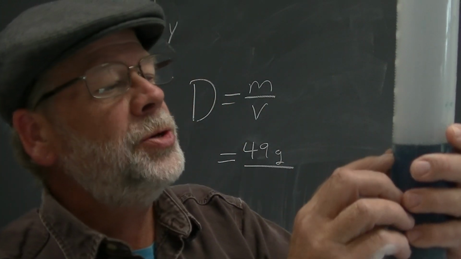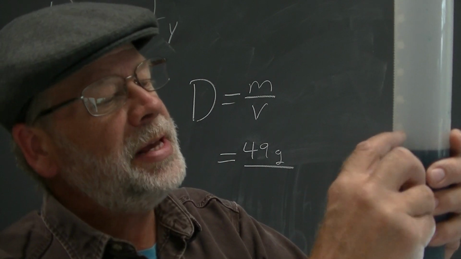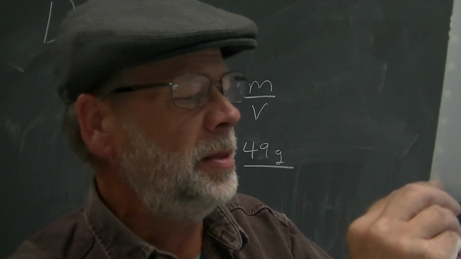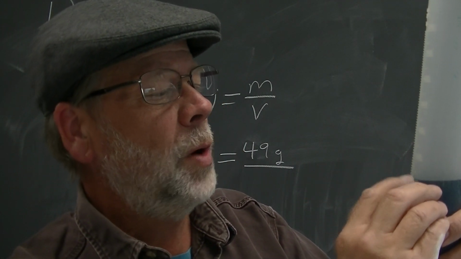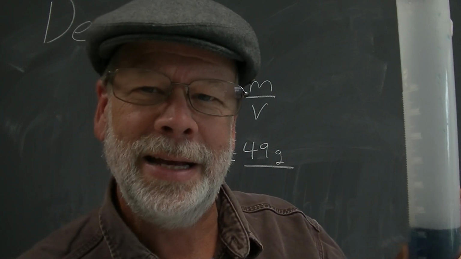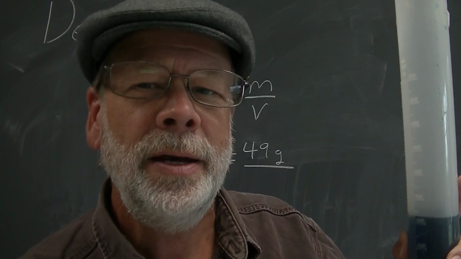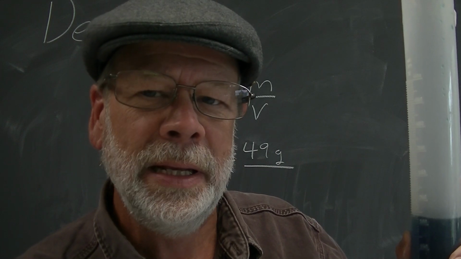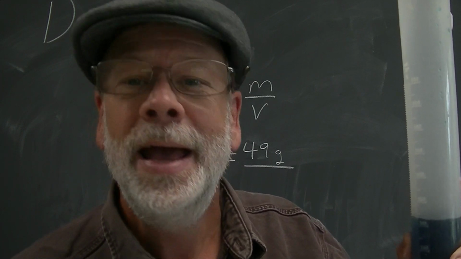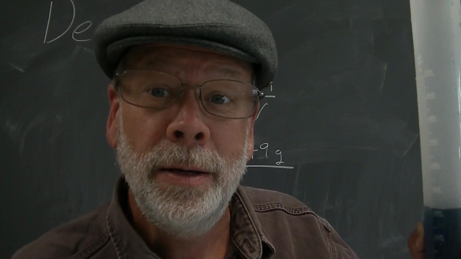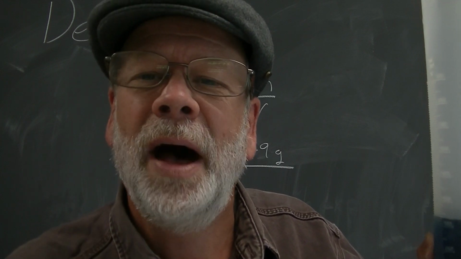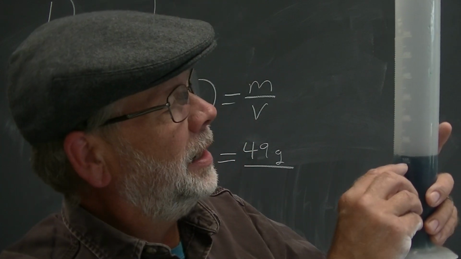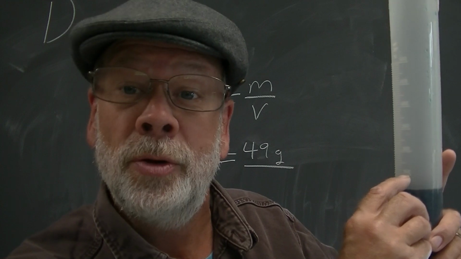Well, I see 200 here, I see 250 here. There's 10 lines between them. If it goes from 200 to 250 with 10 lines, can you think of what each line is worth in terms of milliliters? Bet you can. Each line would be worth 5 milliliters. 5 milliliters will get me in 10 lines up to 250 milliliters.